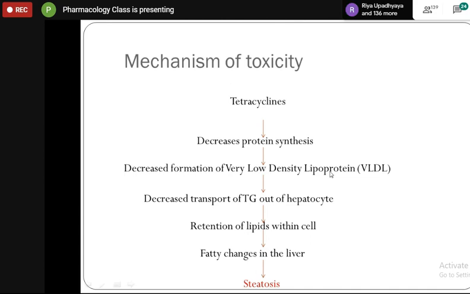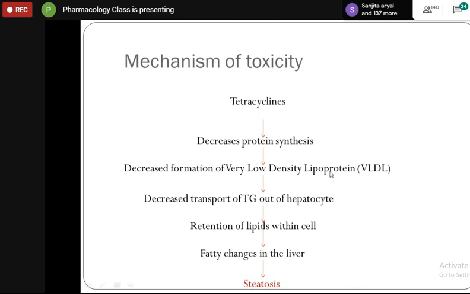So can you remember what VLDL is? This is from your, I think, hematology block. What is a lipoprotein or what is a VLDL? What would their precise function be? Transports lipid out of the liver cells.